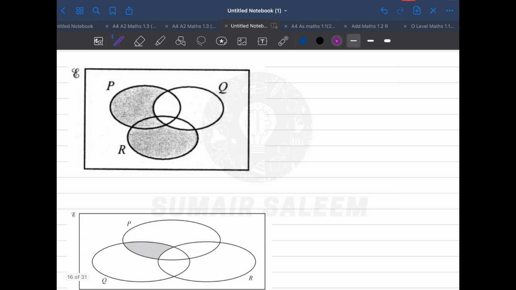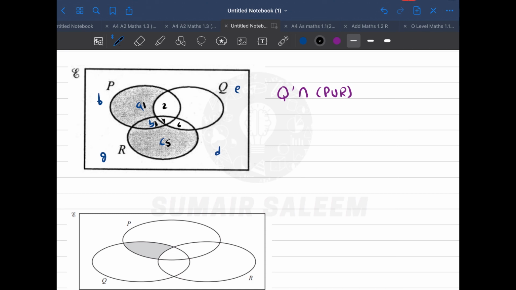Here I can see Q complement intersection P union R, because the shaded region is outside Q but inside P and R. But I'm not sure of my answer. How will I check? Q complement means everything other than Q. So I wrote letters. Intersection P union R means what?